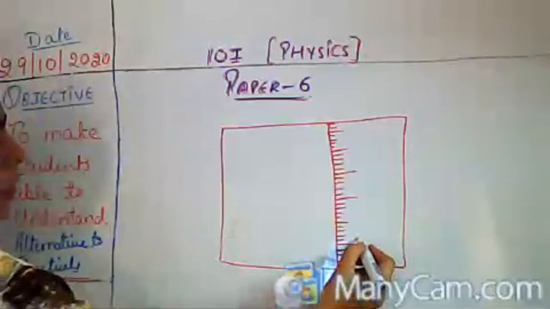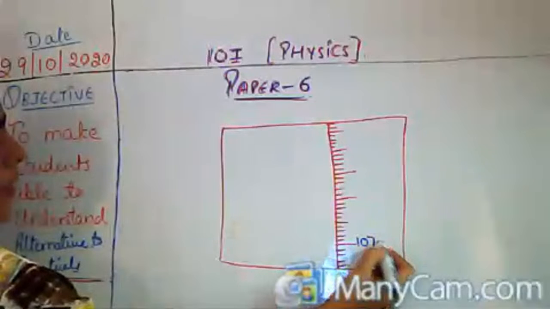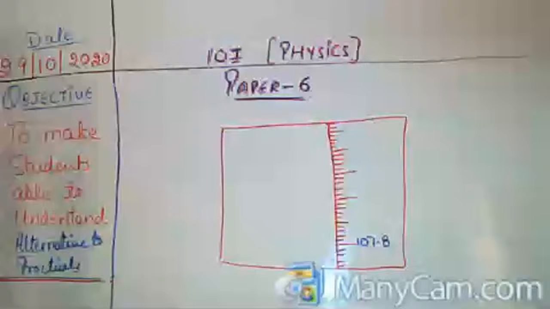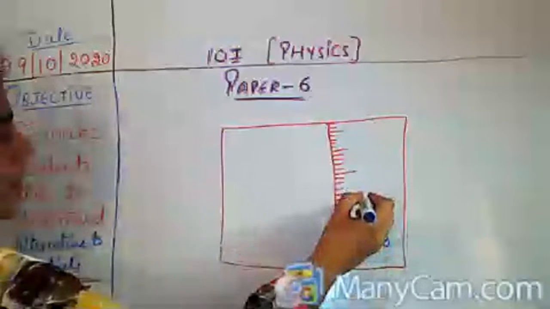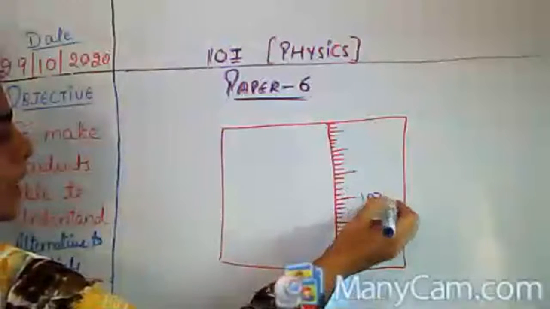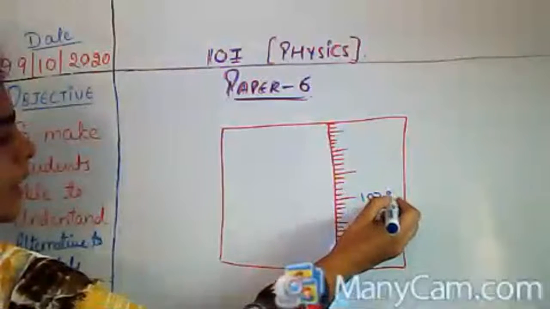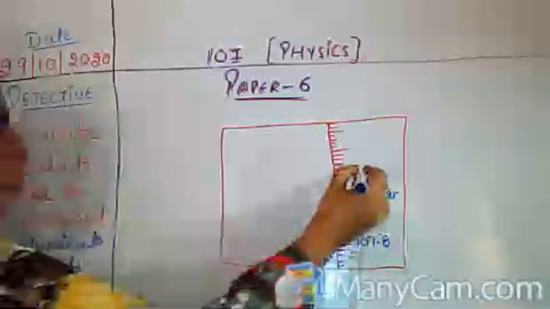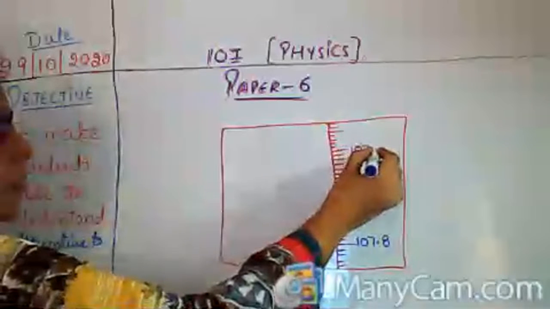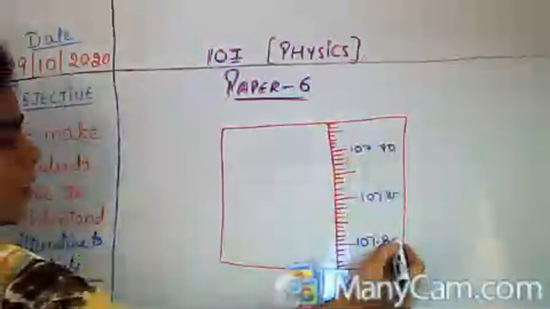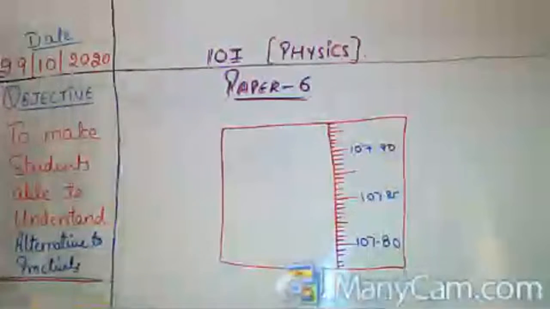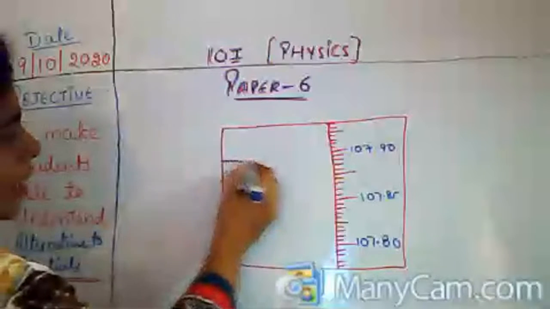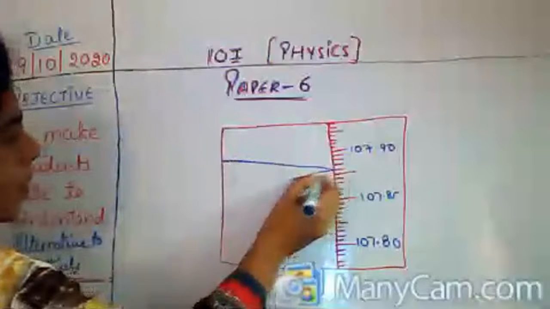Let's have the readings first of all. It is 107.8, fine. Then 107.85, 107.90, and so on. Your scale is somewhere over here at this point.